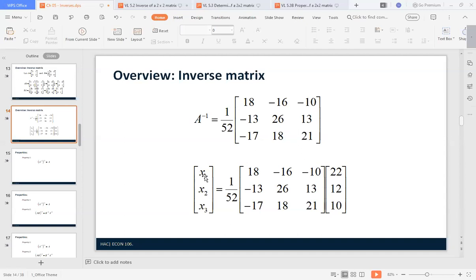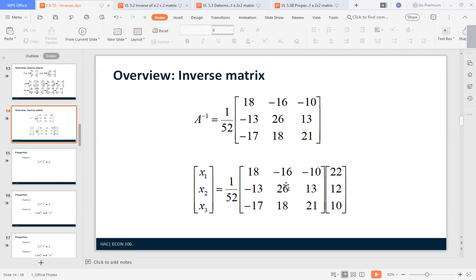So supposing, class, that we are solving for our x values here. We have three x values: x1, x2, and x3. We also have our determinant multiplied to our inverse, and this is our constant.